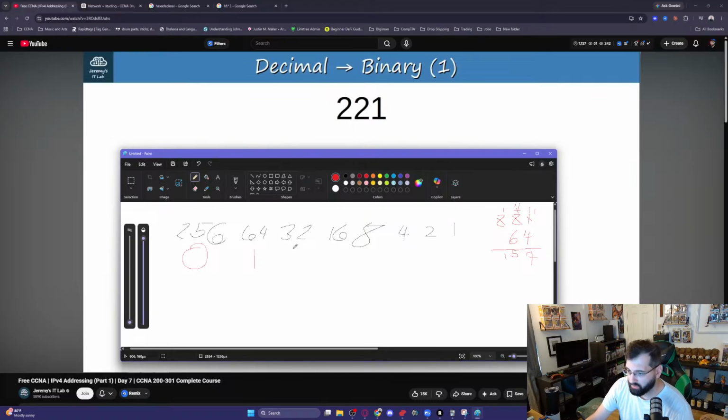So obviously we need 32. So another way we could keep doing this, right? Or we could just add it up. 64 plus 32, that'd be 96, right? So then we just keep going. We'll continue subtracting. So 16, we gotta have a 16 in there.